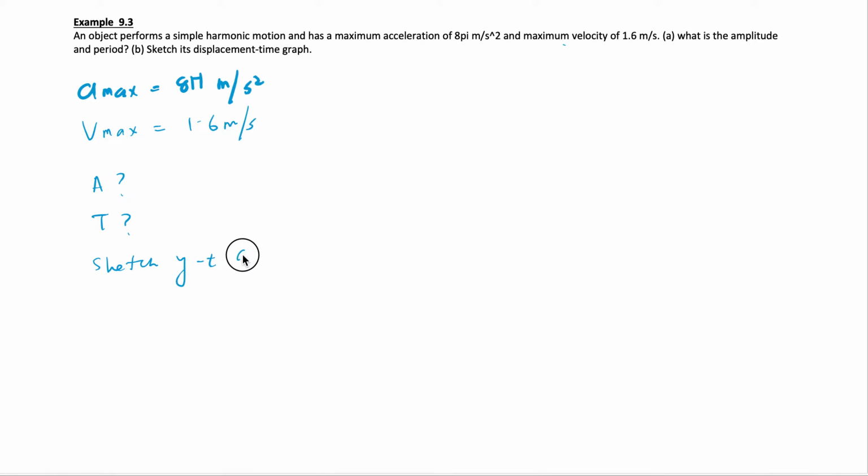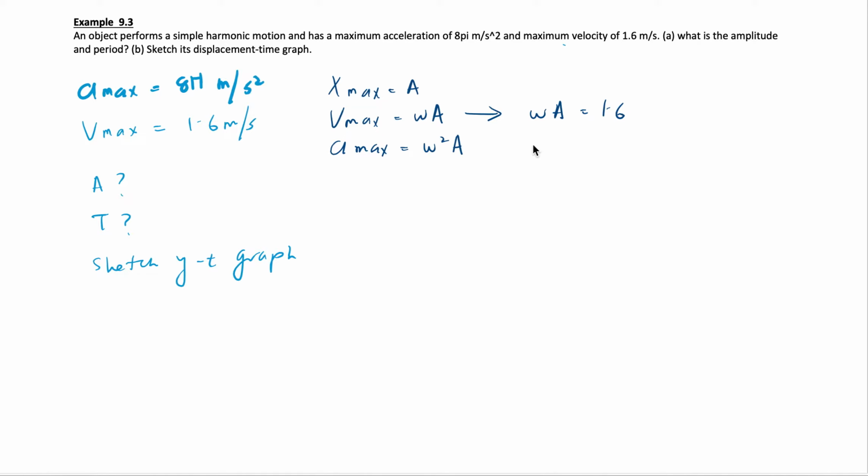Okay, sketch displacement time graph. So these are the 3 things that they want, and I have a max and v max over here. So remember, we have seen the equation for x max, which is A, and we have seen the equation for v max, which is omega A, and we have seen the equation for a max, which is omega squared A. Now I have a max and v max over here, so from here I can say omega A is equal to 1.6, and then I have omega squared A equals 8 pi, right?